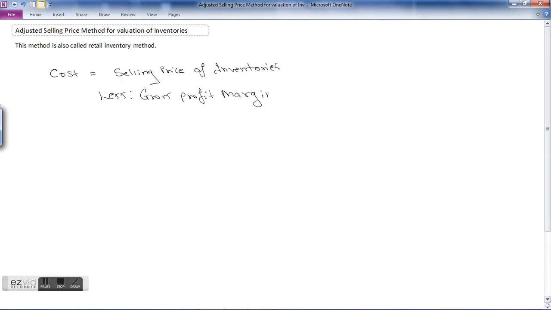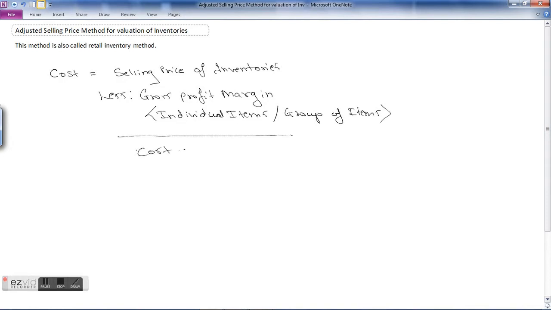This gross profit margin may be for an individual item or a group of items. We calculate the gross profit margin for individual items or groups of items, and then we reduce it from the selling price of the inventories to arrive at the cost of inventories. So this is how we calculate the value of inventory in the retail inventory method or adjusted selling price method. Now we'll see one example for this.